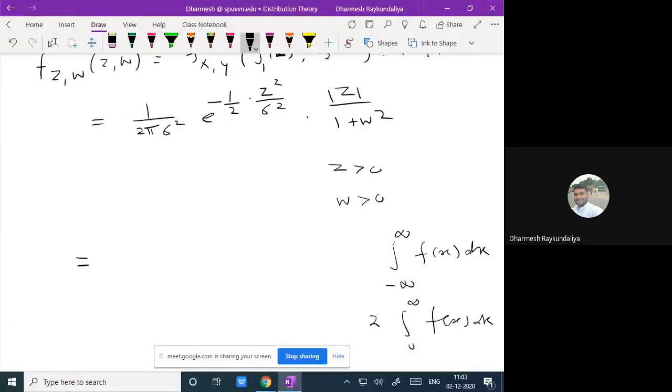So we use this principle, and we can write it as twice of this. The 2 will be cancelled out, so it becomes 1 upon pi sigma square e raised to minus half z square upon sigma square into 1 upon 1 plus w square.